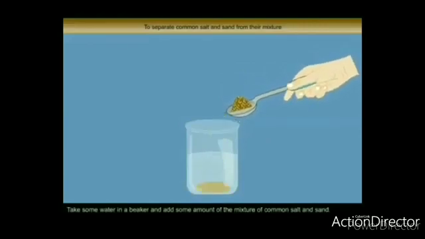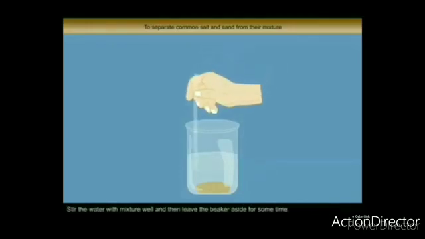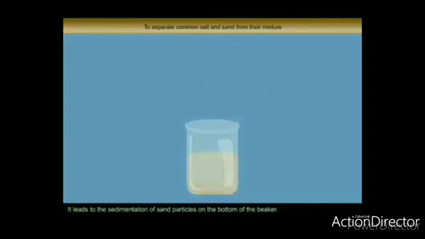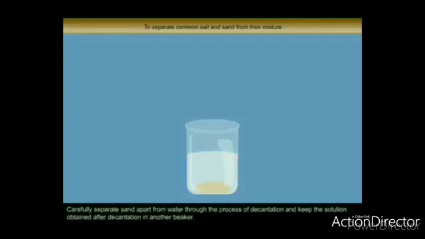In a salt solution we can add some sand. When we stir the solution, it will convert into muddy water. When we allow it to settle for some time, all the sand particles will settle down and the remaining salt water can be separated from the beaker.